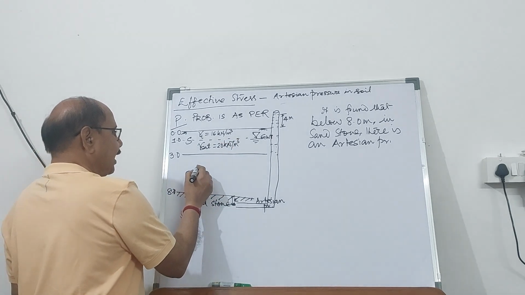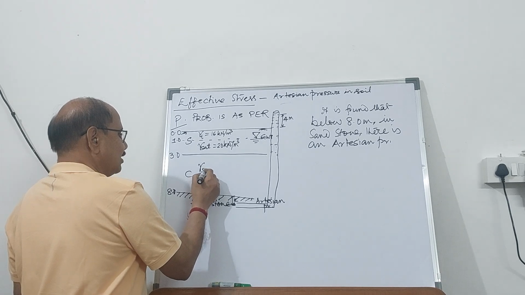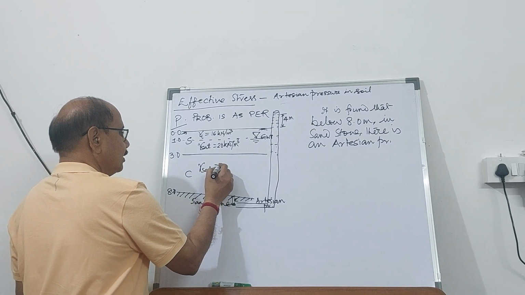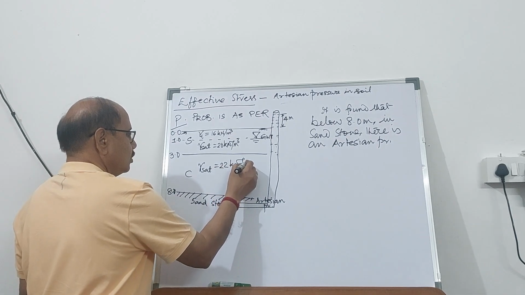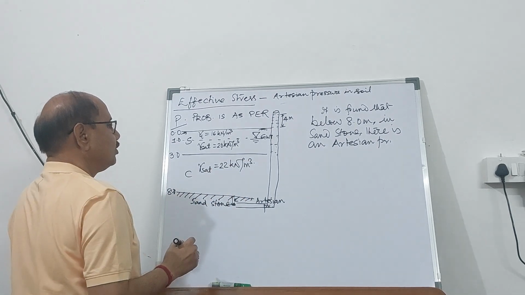And for the clay, gamma saturated is 22 kilonewton per cubic meter.